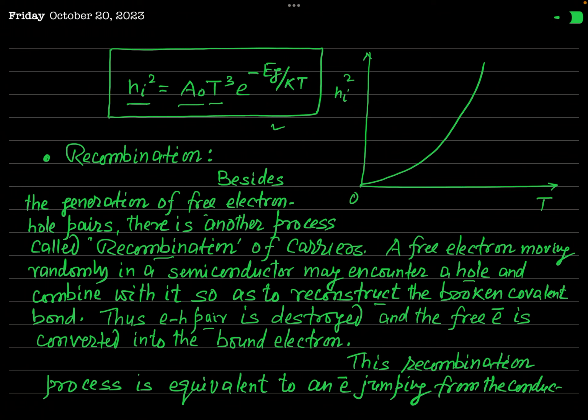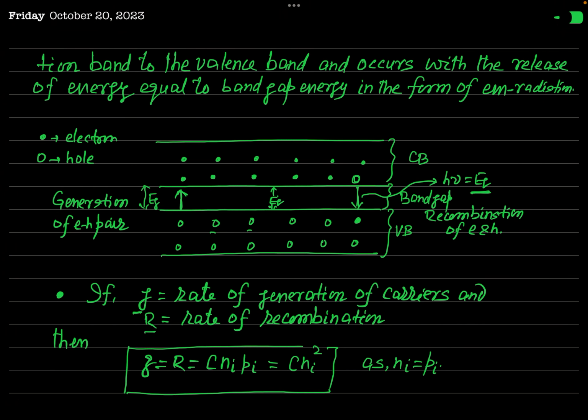Now, apart from the creation of electron-hole pairs, recombination also takes place, and I have shown it here. Actually, in this case, you can see that if this is your valence band and this is your conduction band, then when an electron jumps from the valence band to the conduction band, a hole is created here and the electron is here.